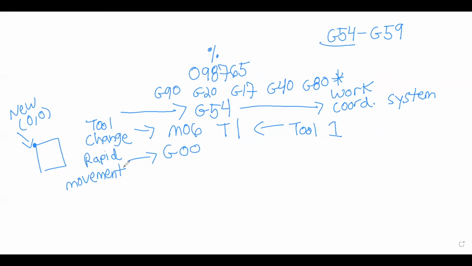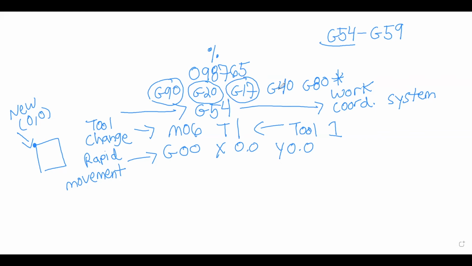So let's say we go to X0, Y0. So we use our safety line. We tell the machine that we are in absolute programming. We are in inches. We're in the XY circular plane.